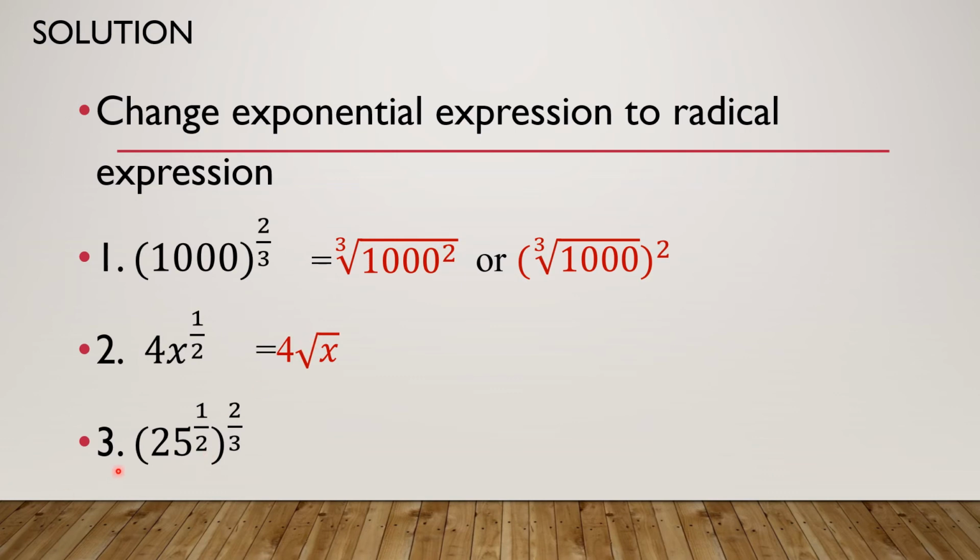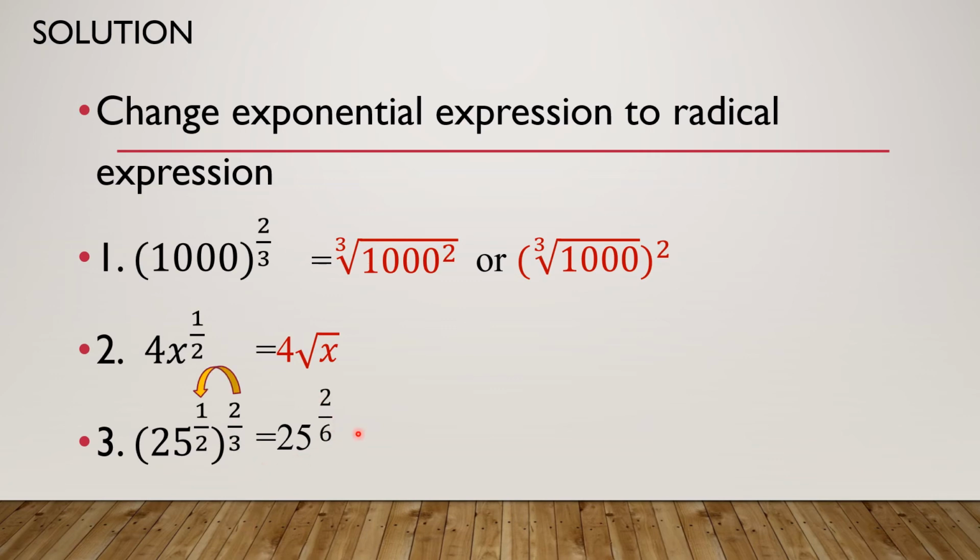So, for number 3 po, 25 raised to 1/2 raised to 2/3. So, ang gagawin po muna natin dyan, gagamit muna po tayo ng power of a power rule. So, para po magiging single rational exponent na lang po siya. So, magiging 25, then multiply 1/2 times 2/3, that is 2 over 6.